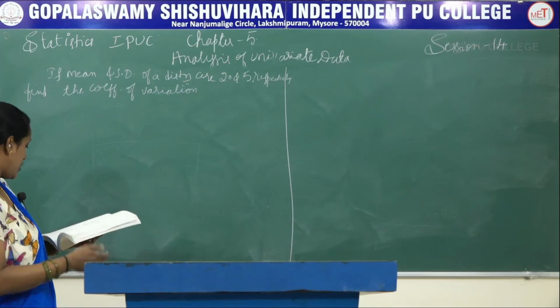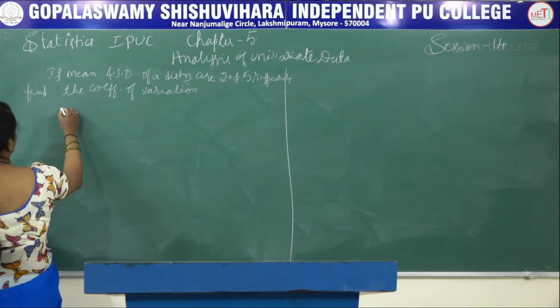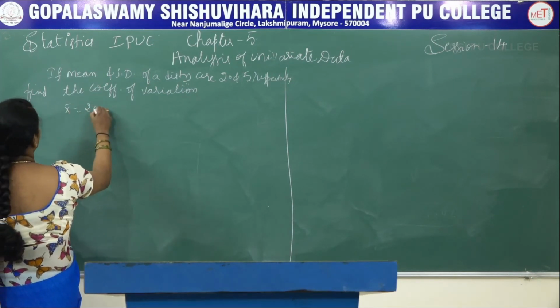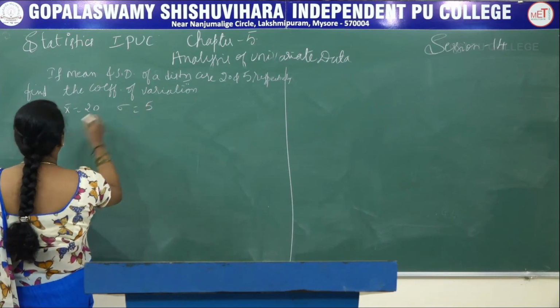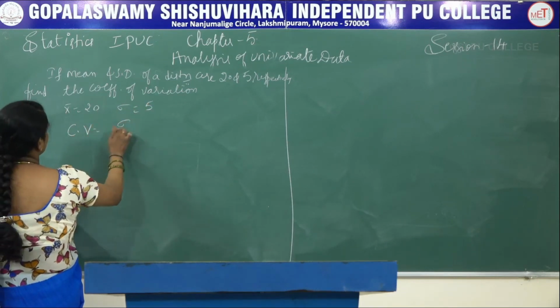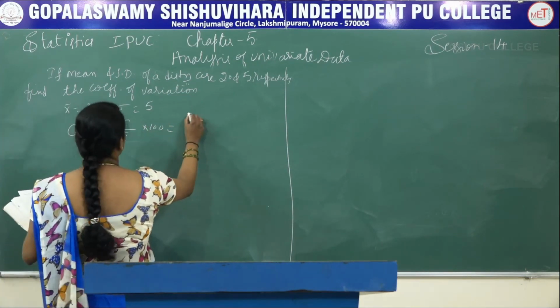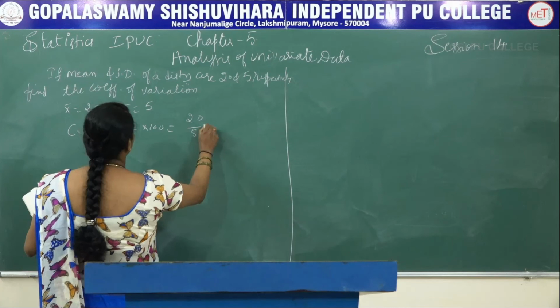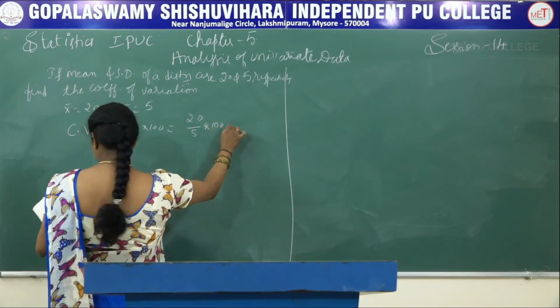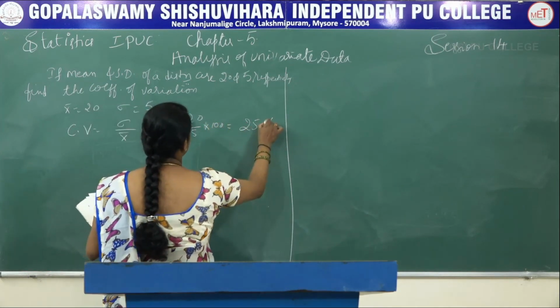We have to find the coefficient of variation. Mean x bar is equal to 20, sigma is equal to 5. To find the coefficient, it is sigma by x bar into 100. So this is 5 by 20 into 100, and this is 25%.